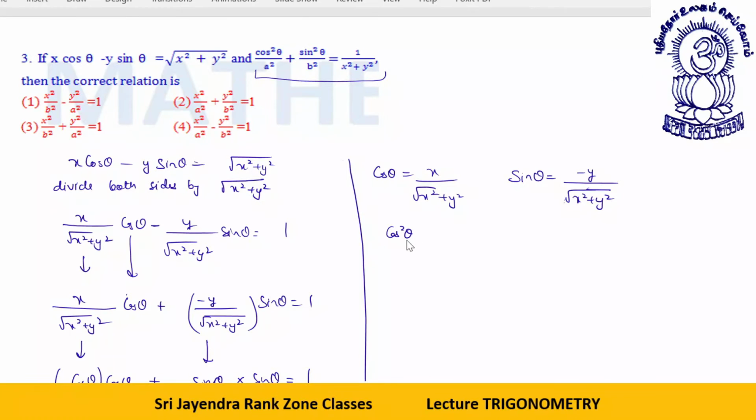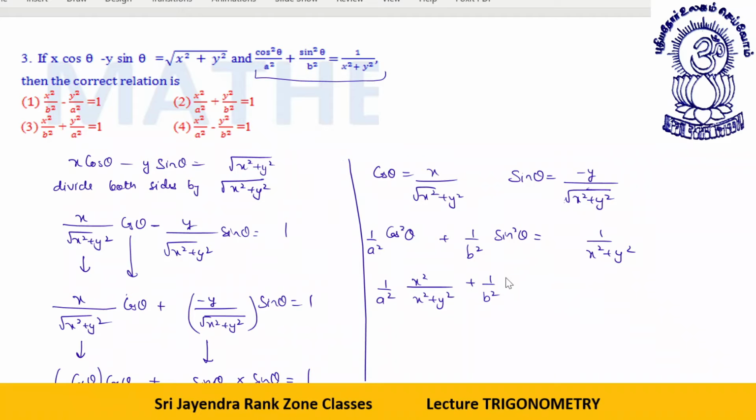Now the next thing, we are given one more equation. I am directly writing it like this, 1 upon a square into cos square theta plus 1 upon b square into sine square theta is equal to 1 upon x square plus y square. I put the values over here, 1 by a square. Cos square theta will be what? X square upon x square plus y square. 1 upon b square.